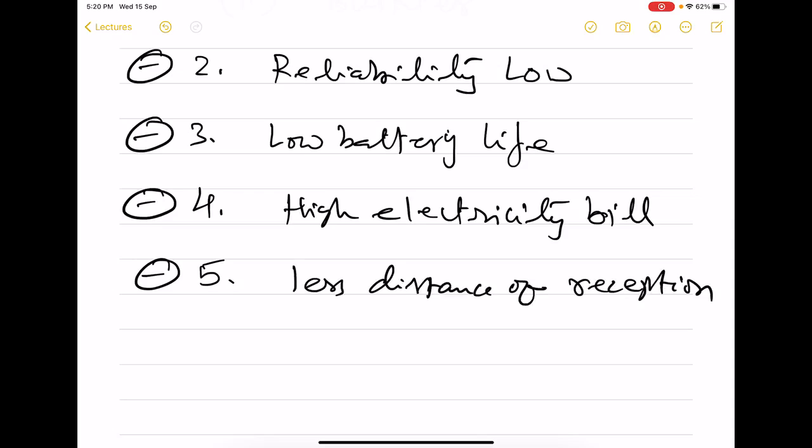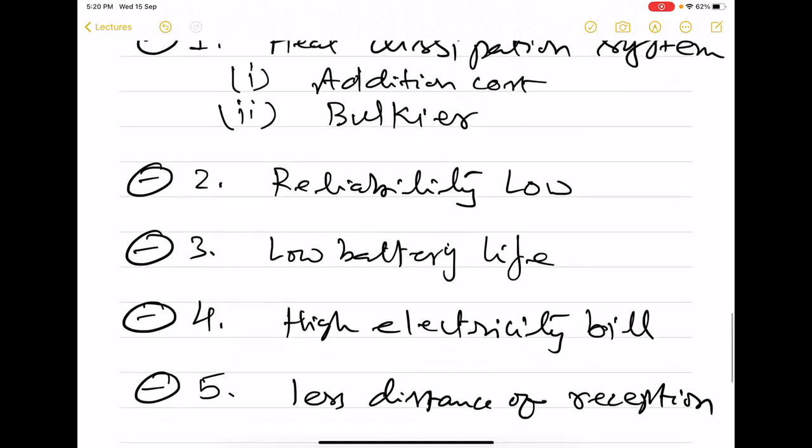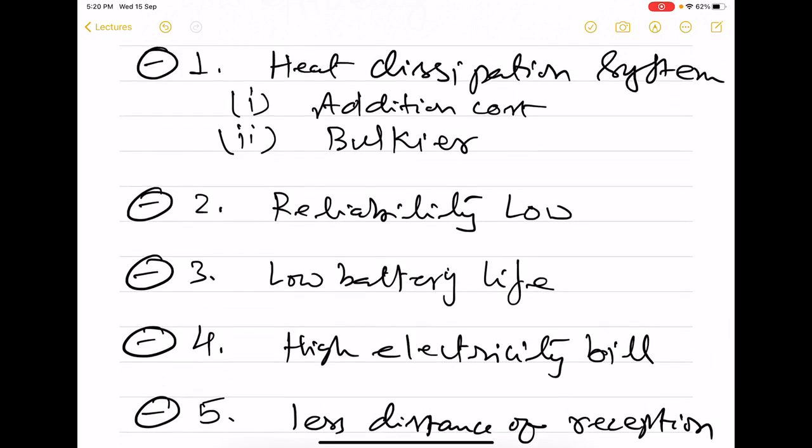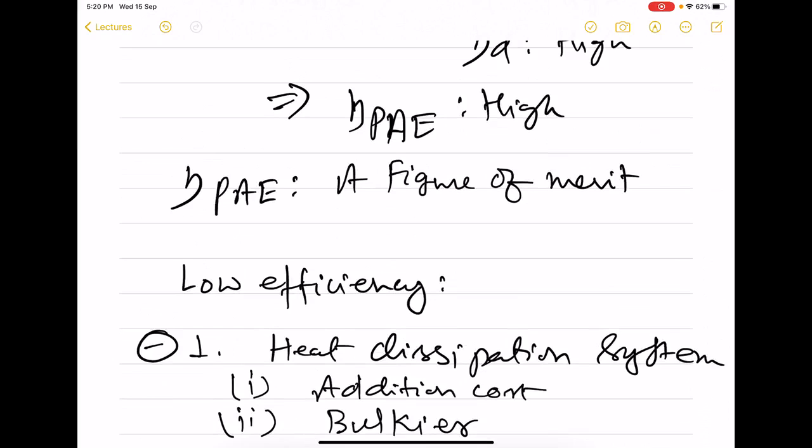And if you want to cover a certain area, then you will have to pump in more power. That means additional cost and additional heat generation. So you can see that there are many undesired and very powerful consequences of low efficiency.